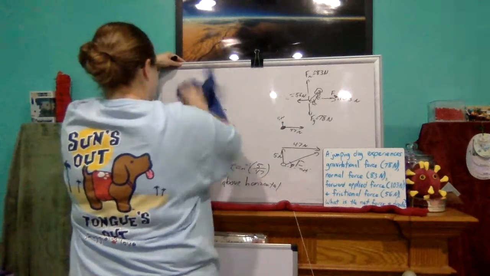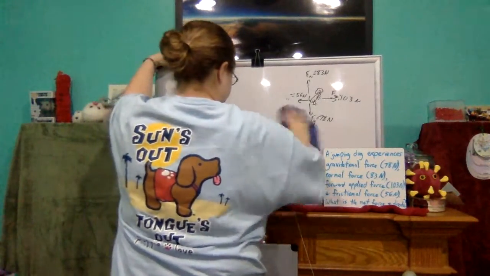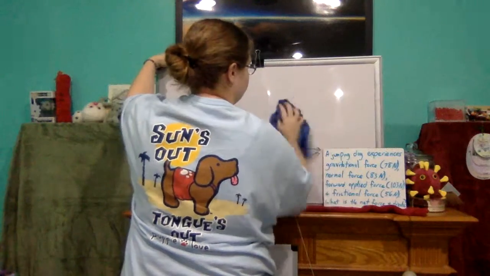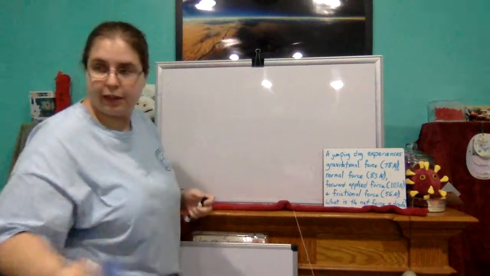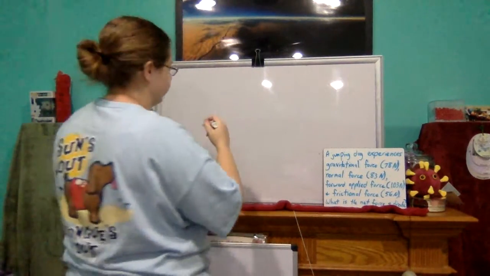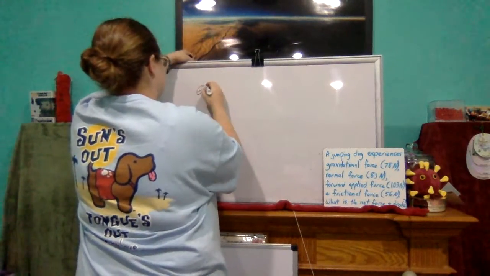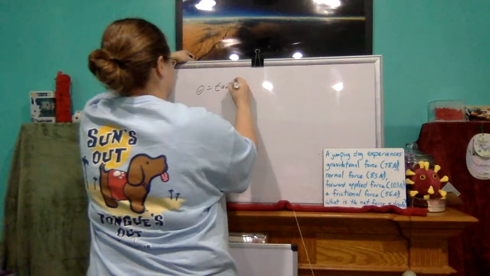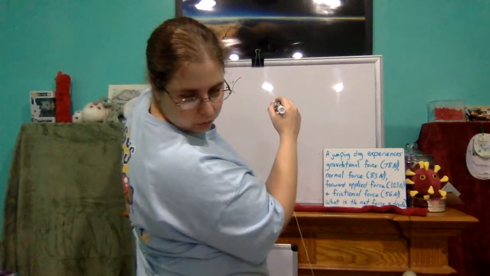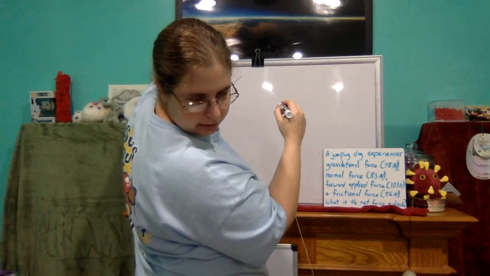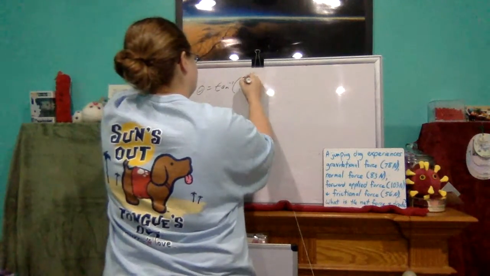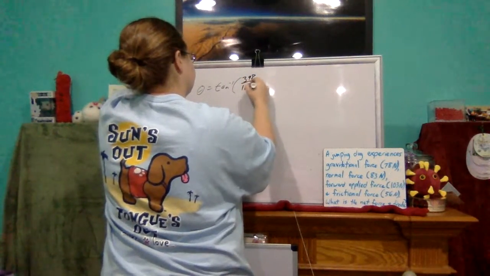Ta-da! All done. I do want to make a quick correction to myself with the last problem, though. I was looking at the wrong calculation when I was doing the theta for the sailboat. Theta equals inverse tangent of 398 over 162.